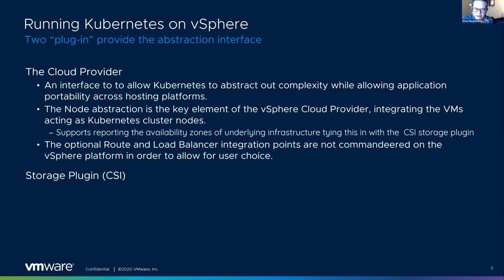The cloud provider's goal is to make those look similar enough that you can design applications that are portable and can't tell and don't care where they're running. The key element of this cloud provider is the node abstraction, and that's what provisions and integrates the Kubernetes nodes. On vSphere, that would be the VMs that act as Kubernetes cluster nodes.